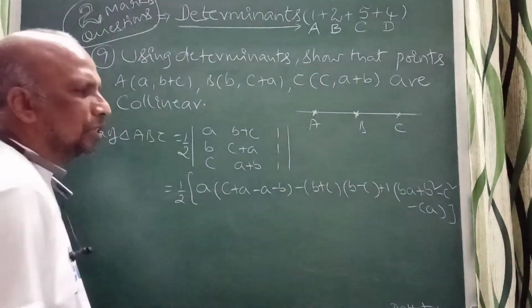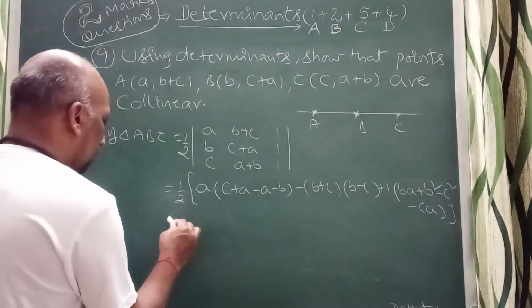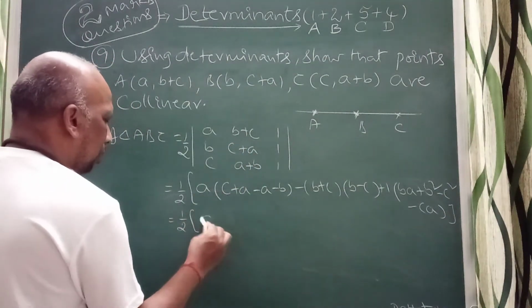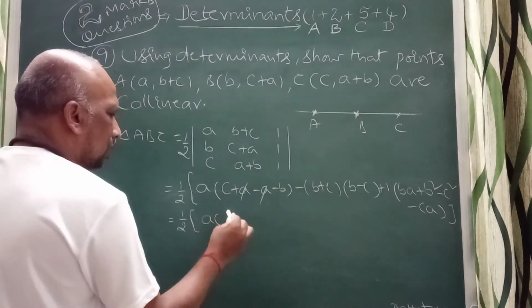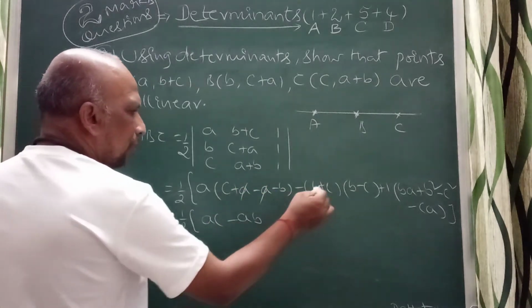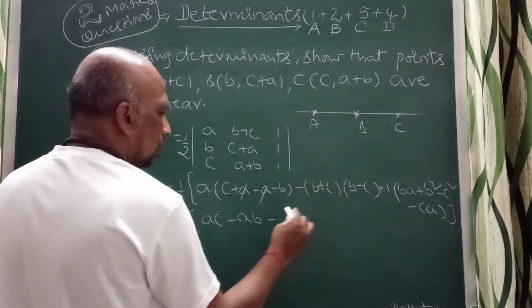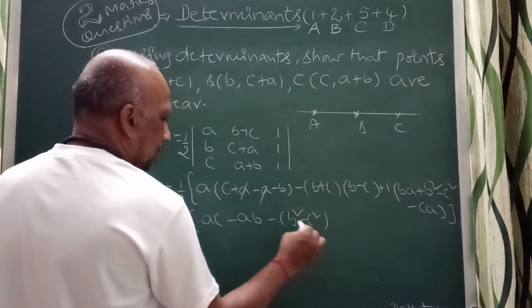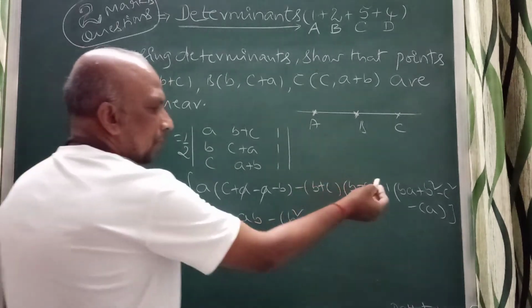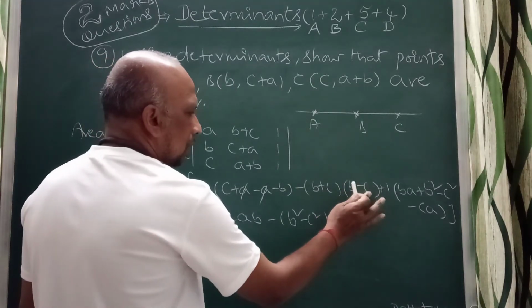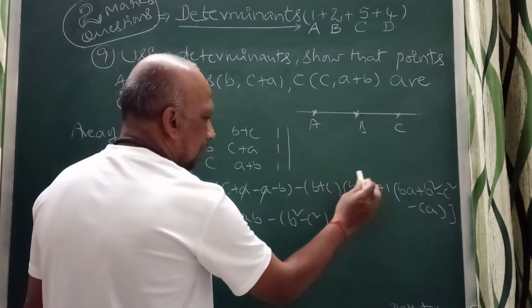This is just expansion. If I simplify, you can check now: plus A minus A cancel, AC minus AB minus of this one. I can write B square minus C square, right? A plus B, A minus B, like B plus B minus C, you will get B square minus C square.